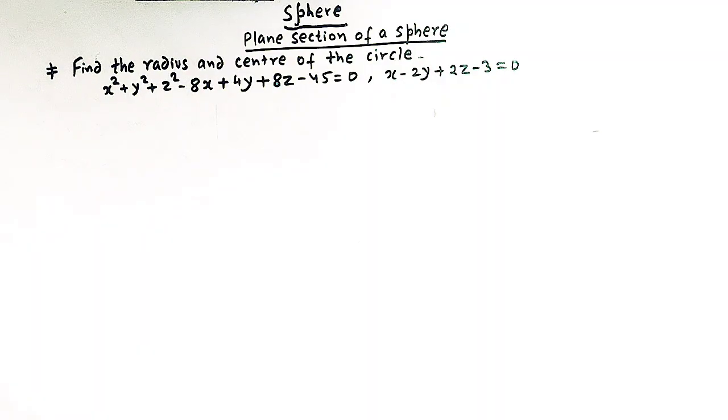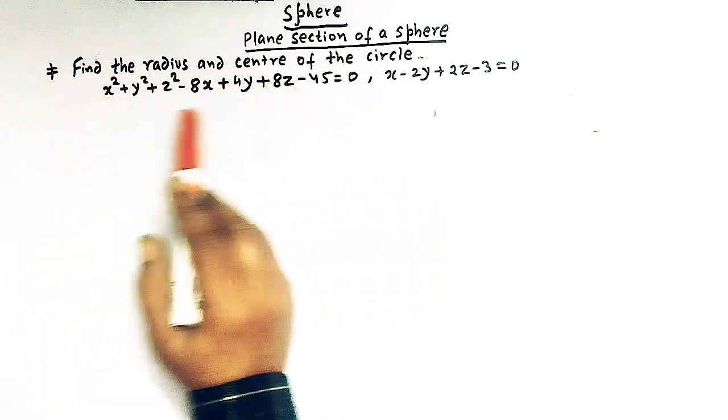Hello, viewers. In today's session, we are going to discuss another important and conceptual problem from the topic sphere. Here we are going to discuss the concept of plane section of a sphere using this important problem.